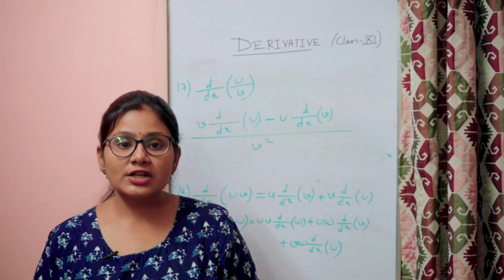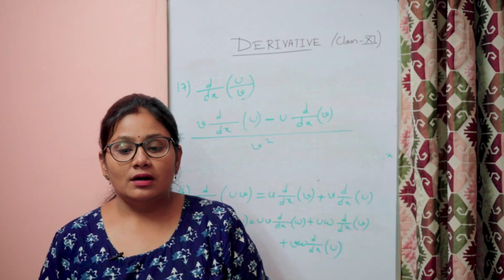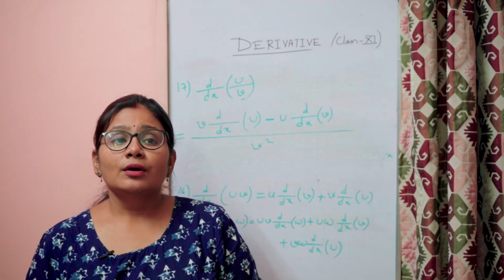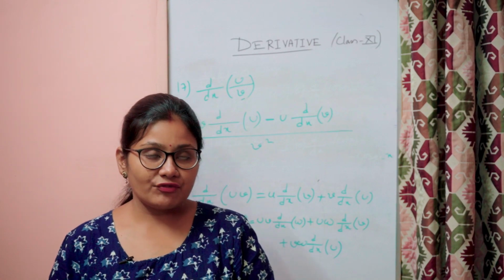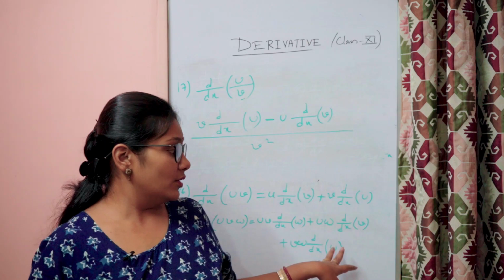We will do sums on how to solve a function using the definition of derivative, or differentiation, and how to solve sums without using the definition of derivative, using only these formulas.